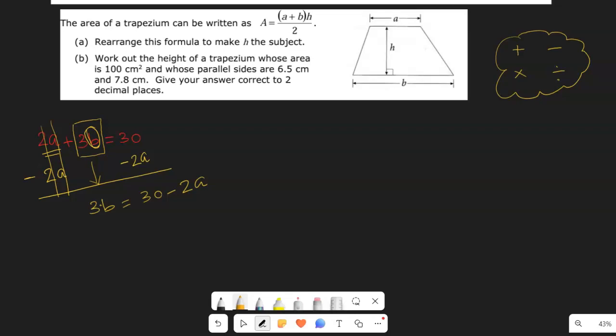We need to eliminate 3, so you need to divide both sides of the equal sign by 3. It will get cancelled out. So what is the leftover? b equals 30 minus 2a, divided by 3.